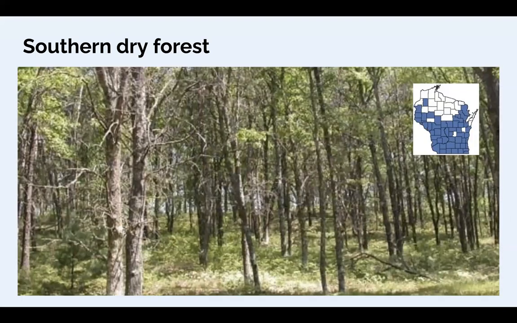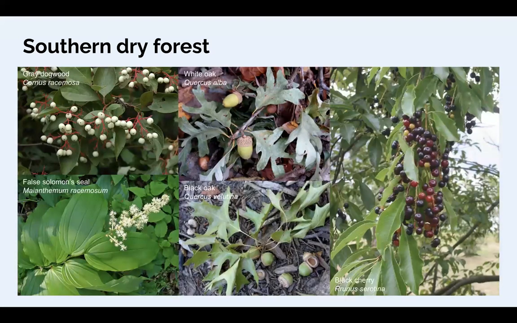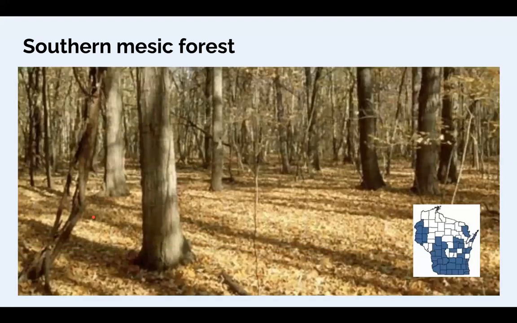You can see on the map here, one of the resources I gave you a link to, you can get a map of the state that shows you where and what counties you would find these kinds of habitats. So naturally a little more southern distribution for the southern dry forest. These are some characteristic species. So oaks, black cherry, gray dogwood, and an understory herb here, the false Solomon seal, to name a few.